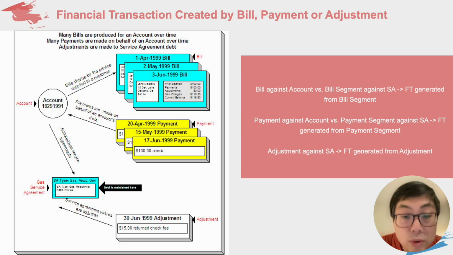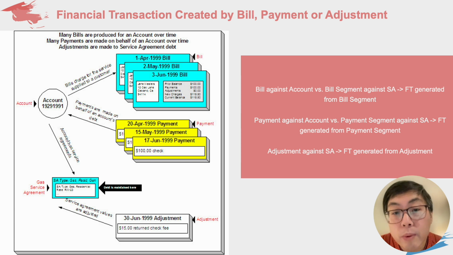The financial transaction is generated in line with the bill segment, so in this case, you have two financial transactions for this particular bill. This is one thing to understand very well. Now, similarly for payment, the customer sees the bill of £100. The payment is paid £100.